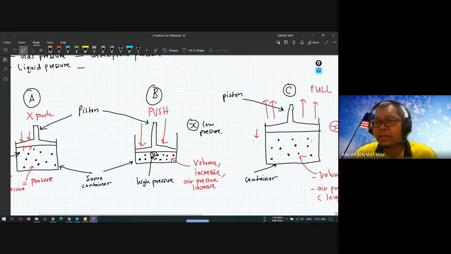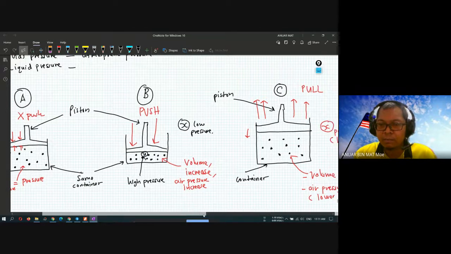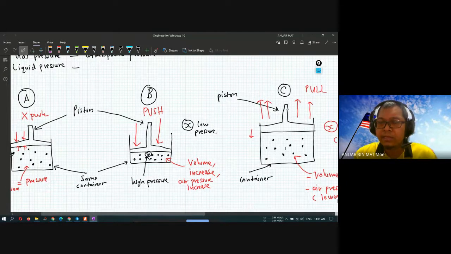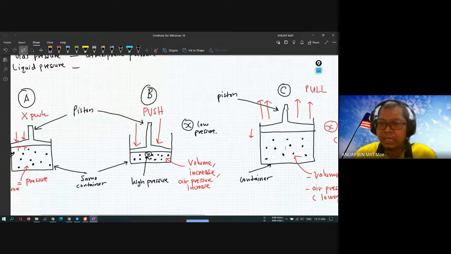In picture C, the distance between the particles is much further away. They are not moving so vigorously, so they collide less with the wall of the container. So we can say the volume is decreased and the air pressure is lower in C.